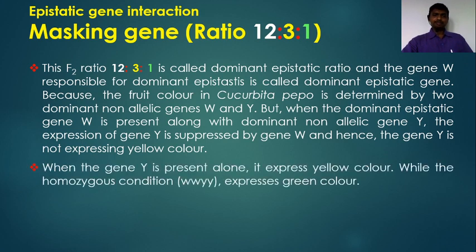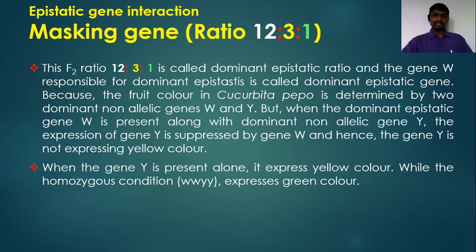When the gene Y is present alone, it expresses yellow color, while the homozygote condition, that is small w w y y, expresses green color. So when this Y gene is present alone, which is dominant, and there is recessive w gene, then in this case it expresses yellow color.